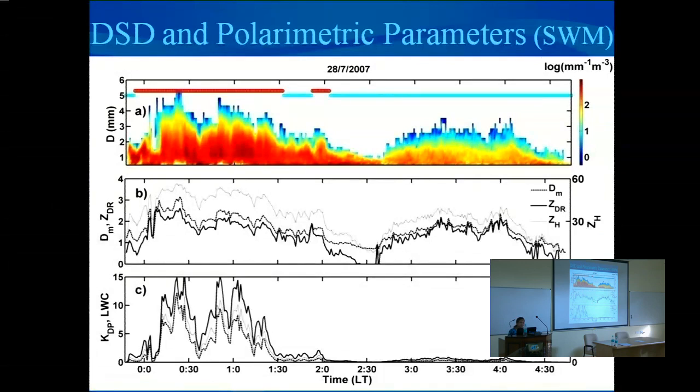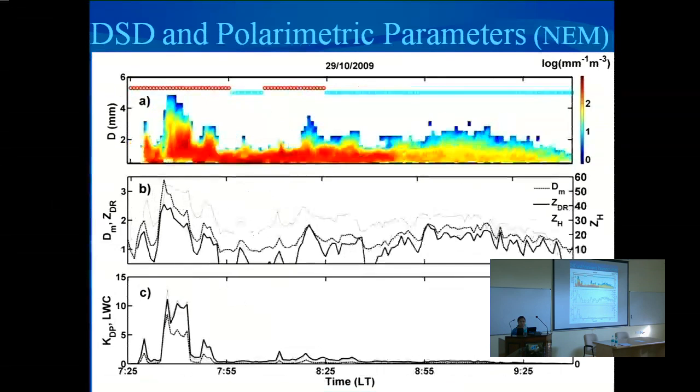And what we find is differential reflectivity and horizontal reflectivity for the corresponding events, and this event is on a continuous time scale of more than 4.5 hours. This is a temporal variation plot, and this is another case, 29th October 2009. This is a sample event I have considered.